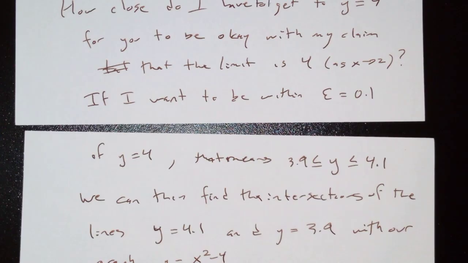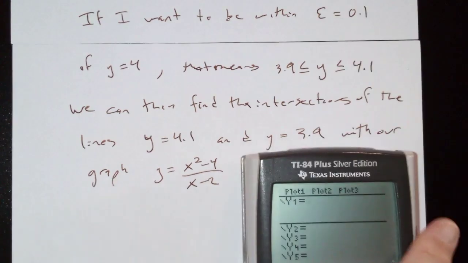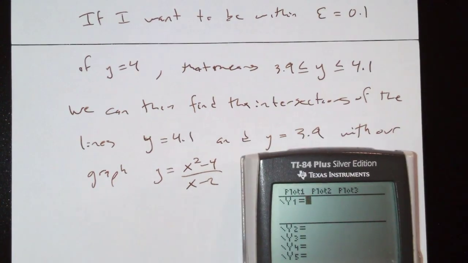Now, I happen to know, in this case, the easiest way to do that is graphically. So grab your calculators, and let's graph 3 equations. I'm going to graph this equation first.